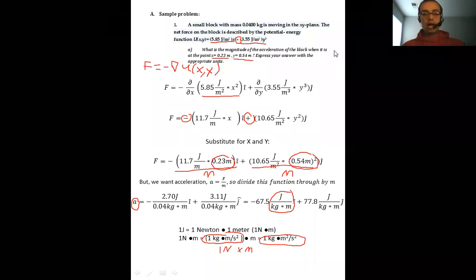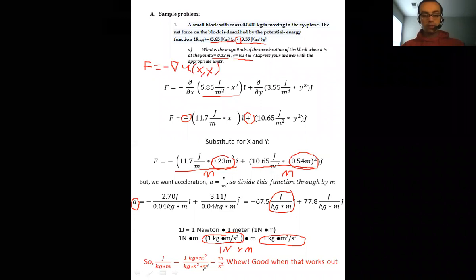So let's double check and make sure that we've got the right units. A joule over a kilogram times a meter is 1 kilogram times a meter squared over a kilogram times a second squared times a meter. Well, we can cancel out one of these meters here.